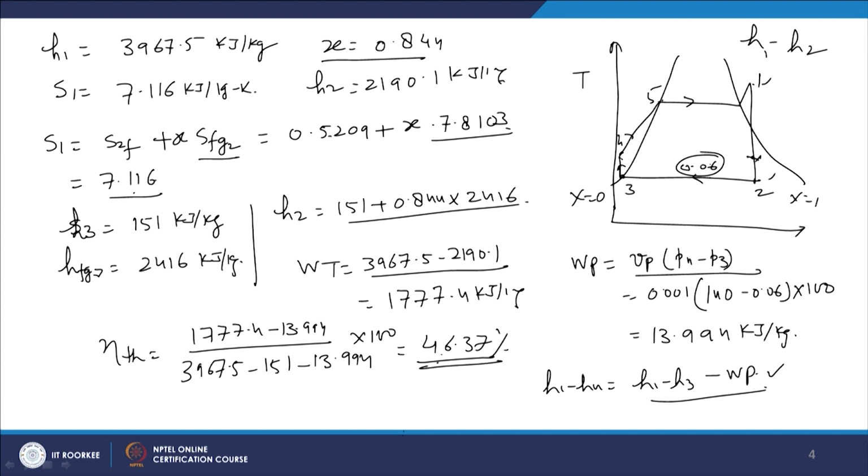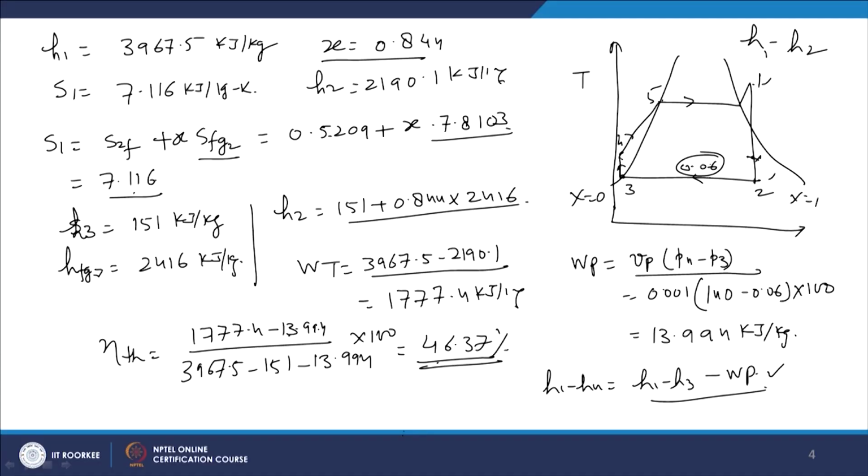Another term is work ratio. The work ratio is the net work divided by the work output of the turbine. Now, let us understand the meaning and significance of work ratio. Thermal efficiency is okay: 46.37% of low grade energy has been converted into high grade energy. This is the efficiency of the cycle.